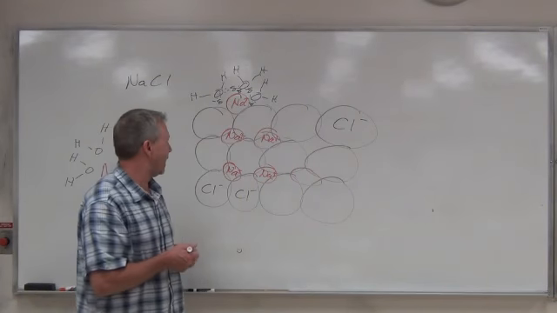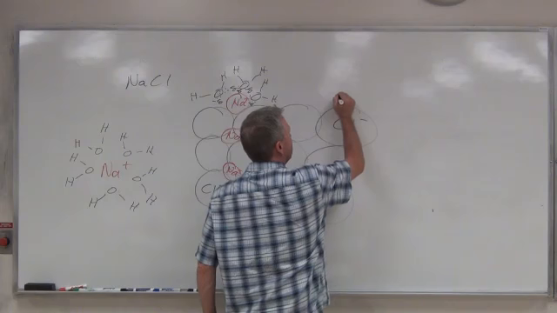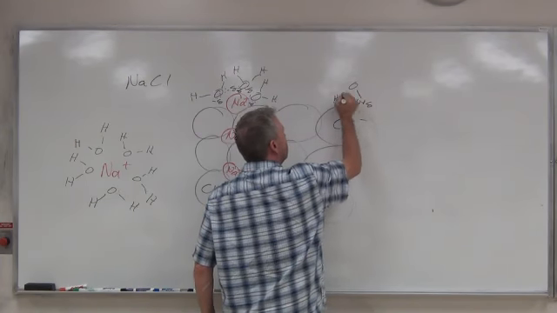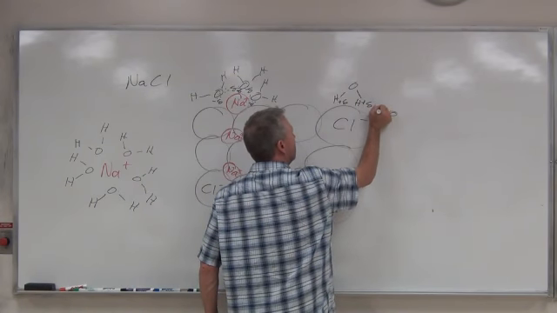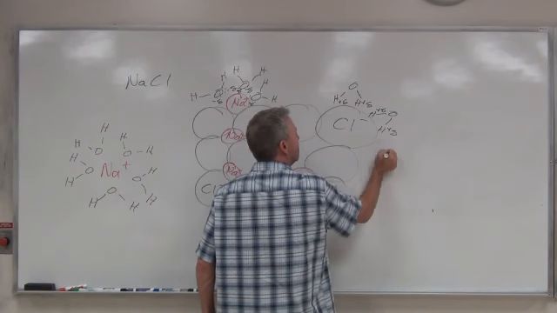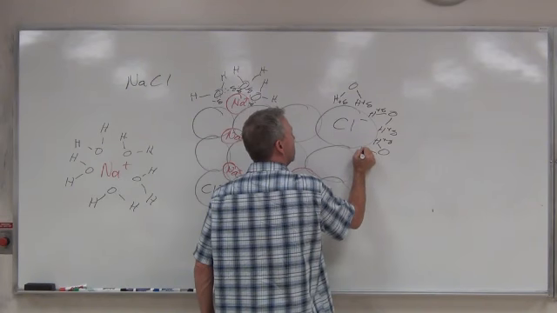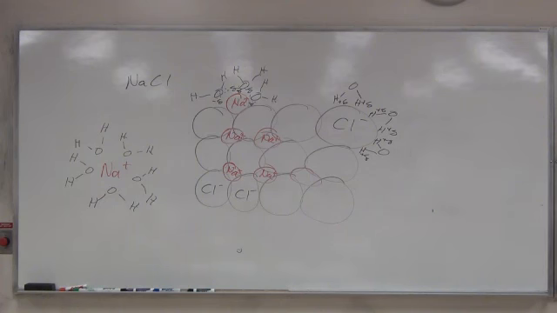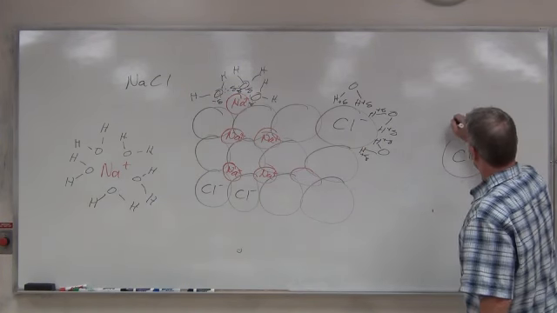You would expect, and that is what happens, the opposite with the chlorine. Slightly positive regions of the water molecules now surround the chlorine ions and pluck the chlorine ion right off from the crystal structure and surround it in much the same way.